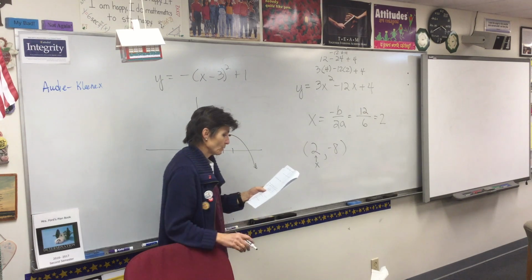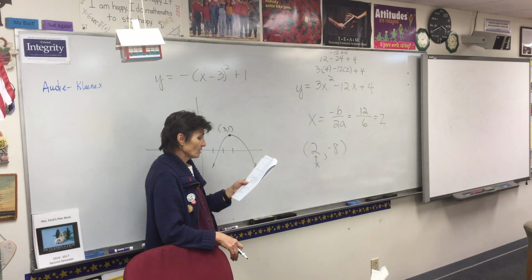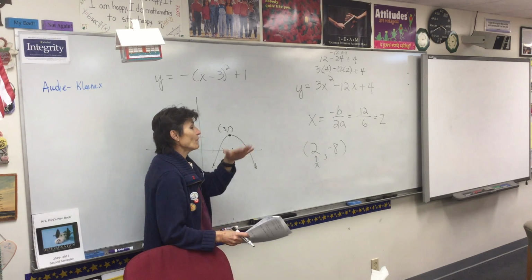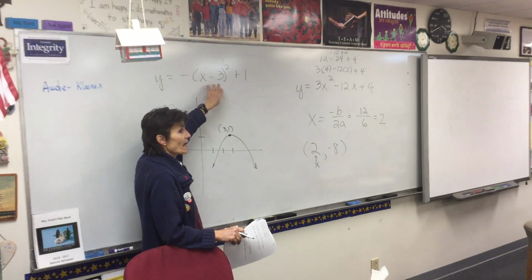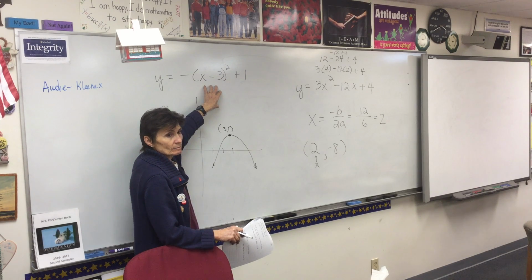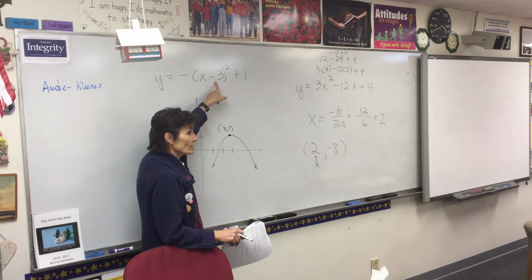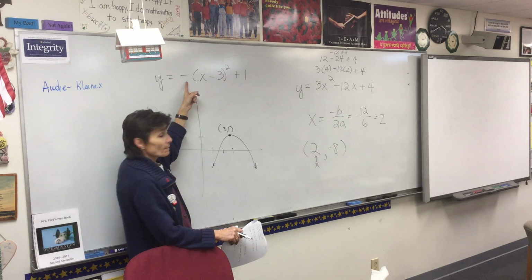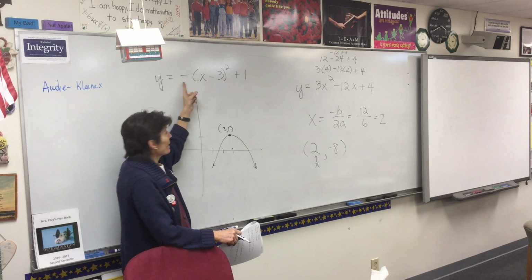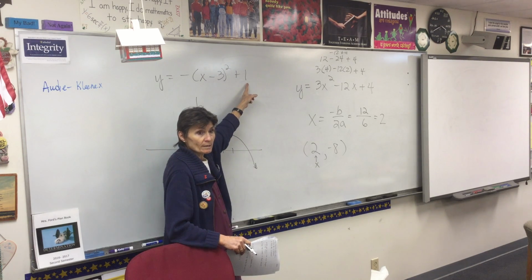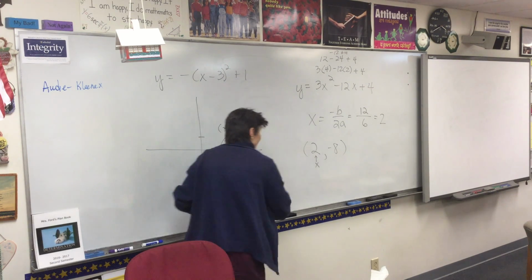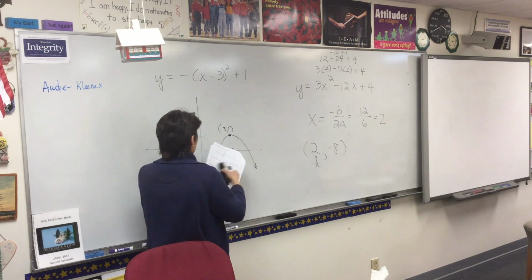Write the equation that would result if you applied the following transformations to y equals x squared. So what that means is this started out as y equals x squared. But we shifted it 3 units to the right, we turned it upside down and we lifted it up 1. So now you're going to make an equation that looks like that, doing these things.